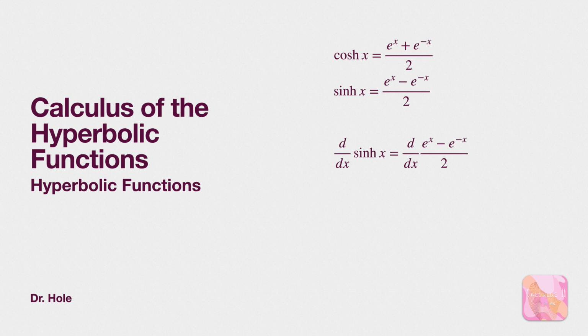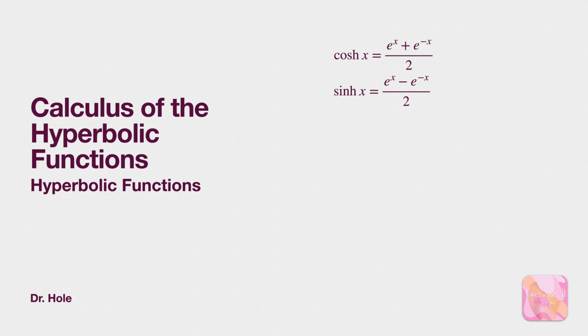Thanks to the fact that sinh and cosh are defined in terms of the exponential, taking a derivative is straightforward. e to the x is its own derivative, and by the chain rule, e to the negative x becomes negative e to the negative x. Thus, the derivative of sinh is cosh. And this is in similarity with the derivative of sine being cosine.